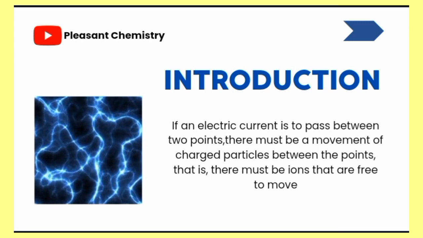Now I want to introduce electrolysis. If an electric current is to pass between two different points, there must be a movement of charged particles. Even by the definition of electric current, it is the movement of electrons, and before that electron moves, it must be between two different poles.